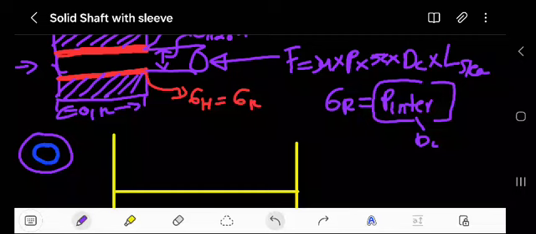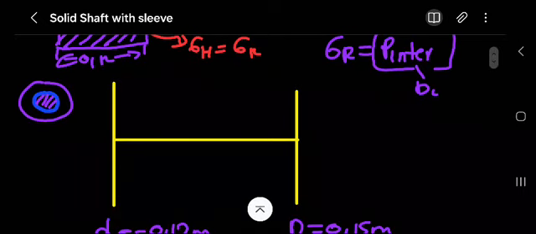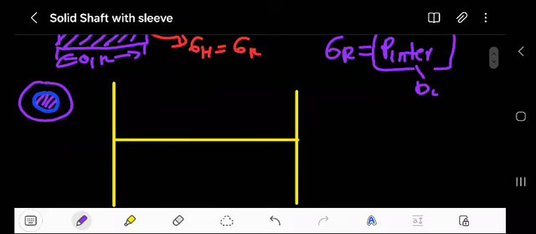Let me just section like that. However, this sleeve is still a thick cylinder, guys. We still have something like a cylinder, so we can apply the thick cylinder method there.